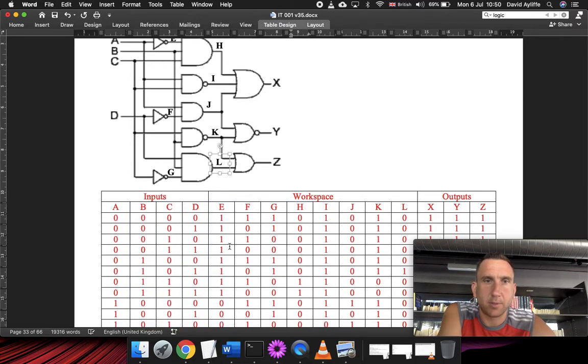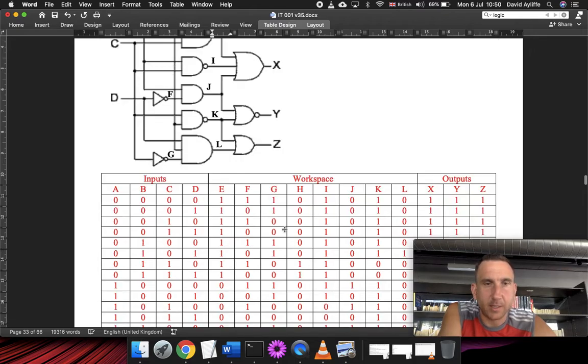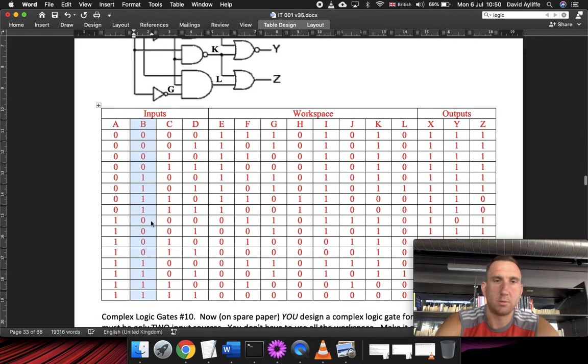And the same here in L. So L is D, B, and G, and the output is L. So again, we need 3 positives.